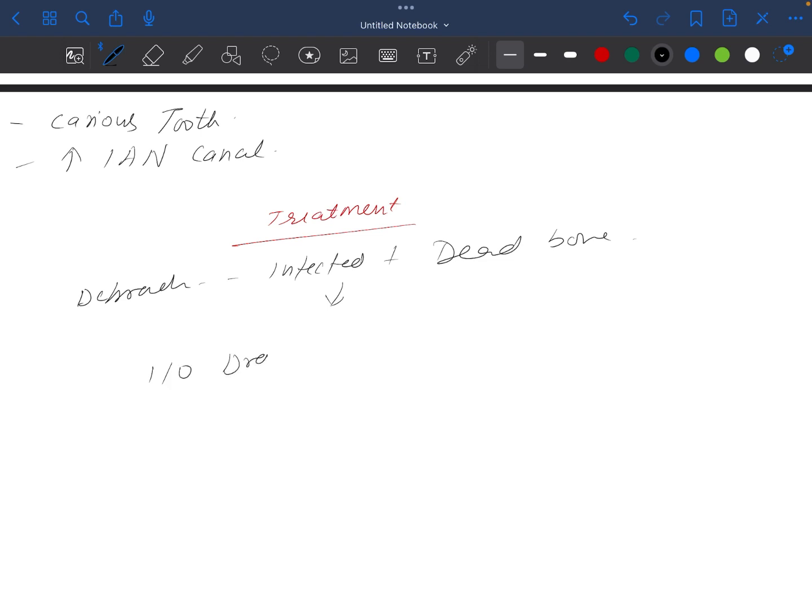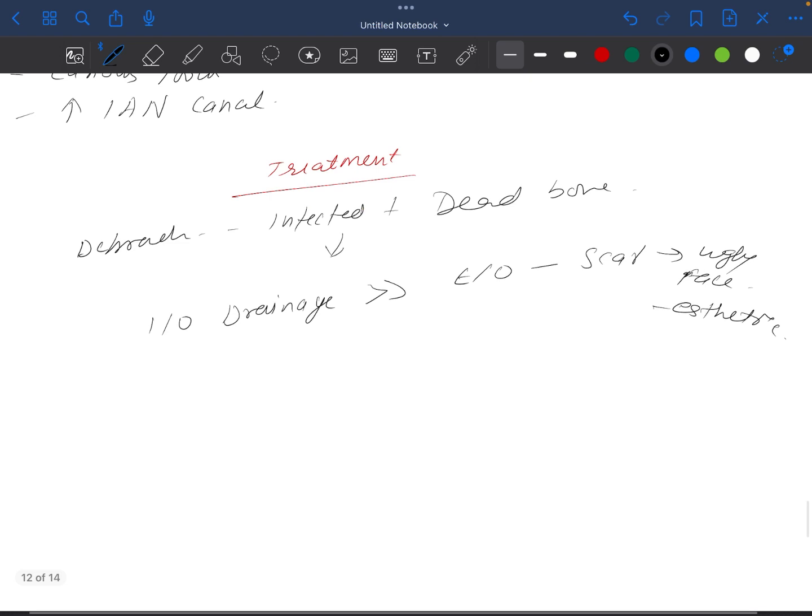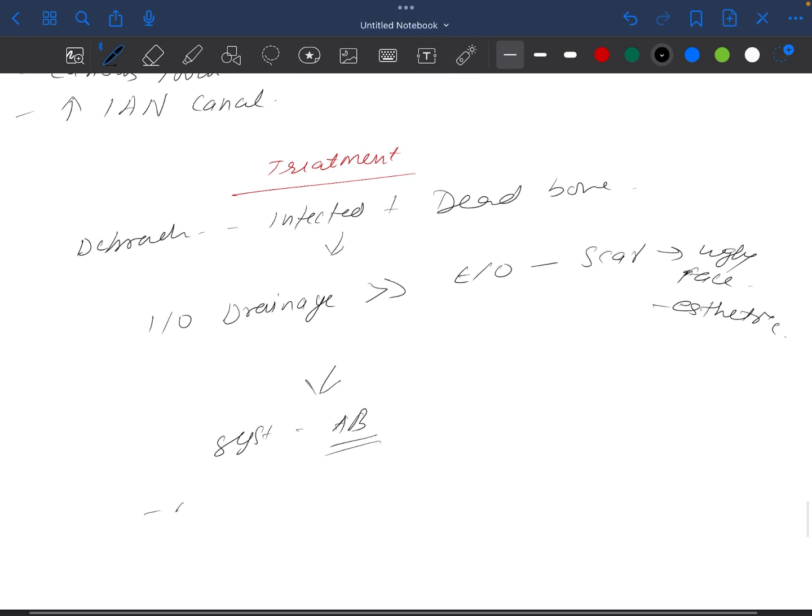Intraoral drainage is preferred over extraoral drainage because extraoral drainage will cause a scar, which will lead to an ugly face. It is not an advantage for aesthetic reasons, basically. Correct. After doing all the irrigation and regular packing, systemic antibiotics are advisable, and some analgesics to help the patient recover. The associated tooth is supposed to be extracted.